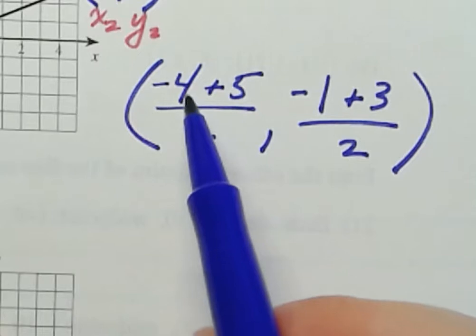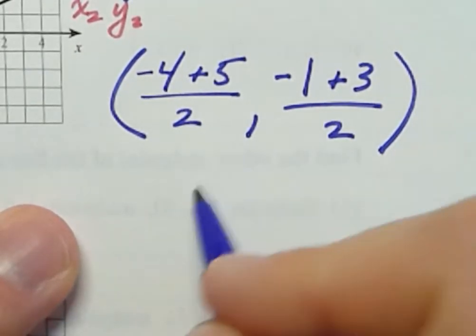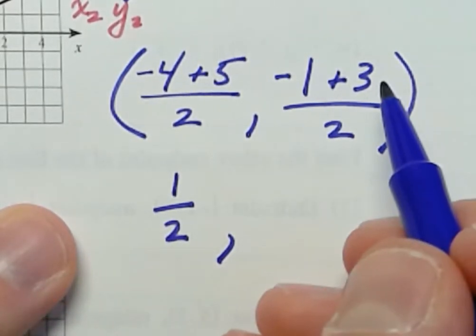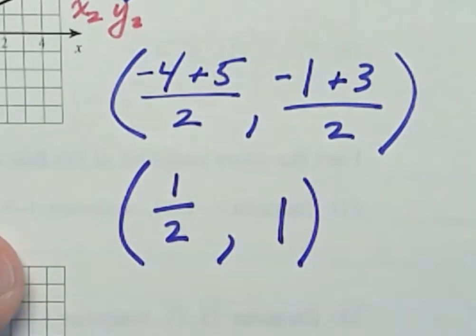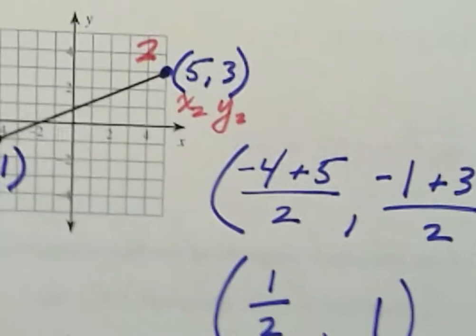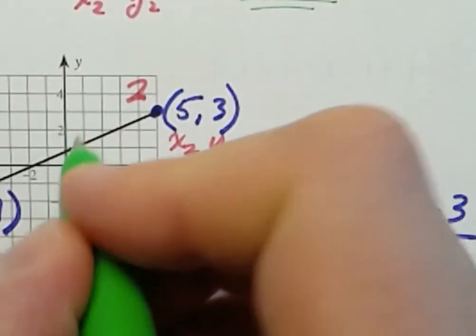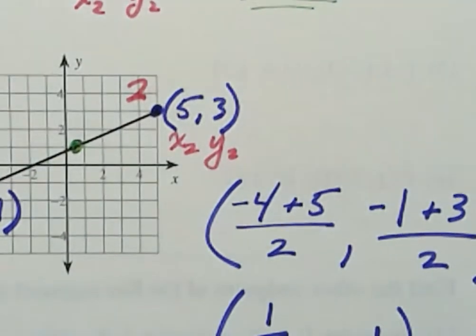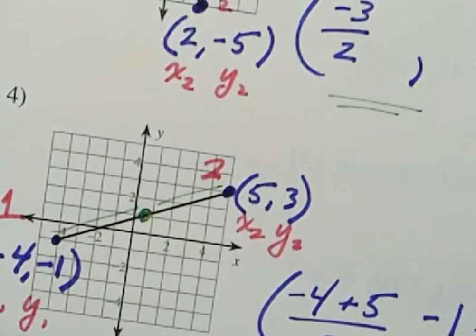So -4 plus 5 is +1, so this is going to give me a half. -1 plus 3 is +2, divided by 2 is 1. So there's my midpoint, 1/2, comma 1. So let's go up 1/2, and sure enough, that's it right there. And that is indeed halfway between there and there.